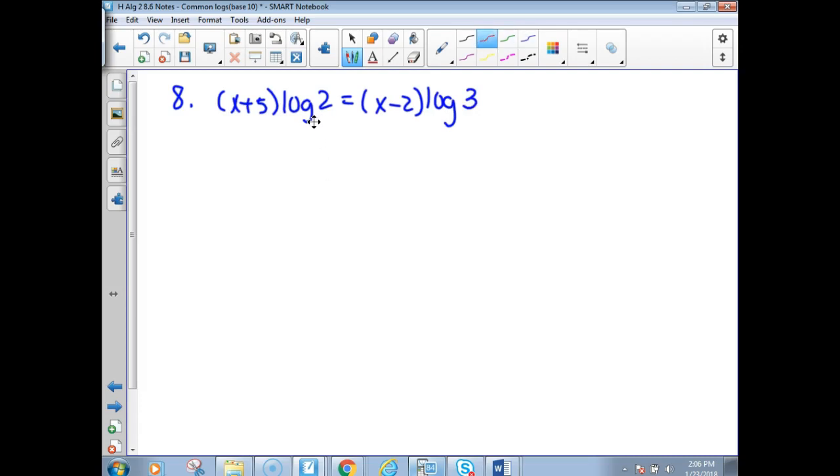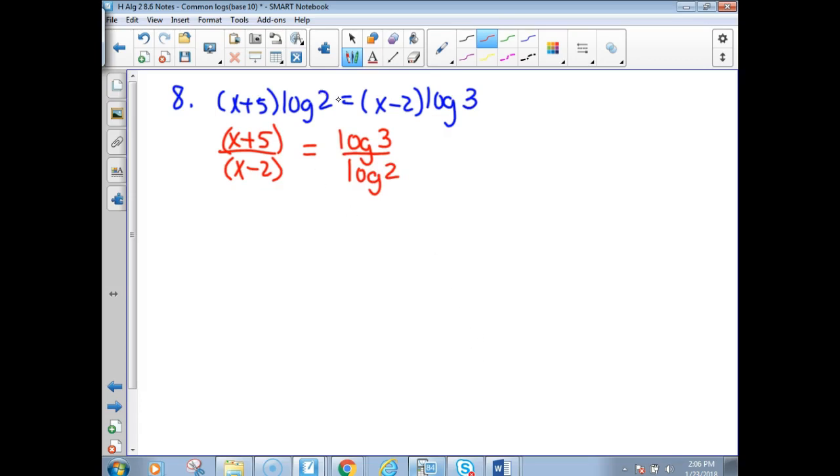Ooh, I got to get the logs on one side and the x's on another side, or away from them. So I'm going to divide by the log of 2 and divide by x minus 2. So that's going to be x plus 5 over x minus 2 equals the log of 3, and now I'm dividing by log of 2.